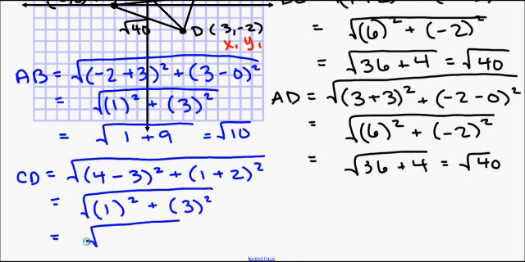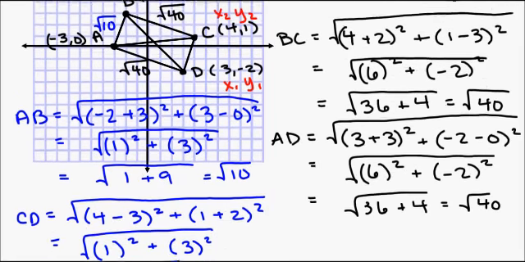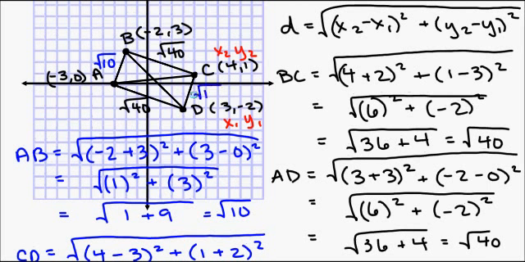So I have the square root of 1 plus 9, which is the square root of 10, and by golly, they match. So AB and CD are both square root 10, but that's still not proven that we have a rectangle. All we've proven so far is that we have a parallelogram.